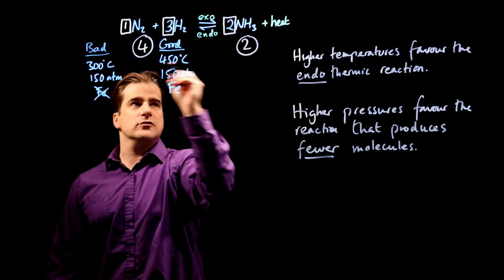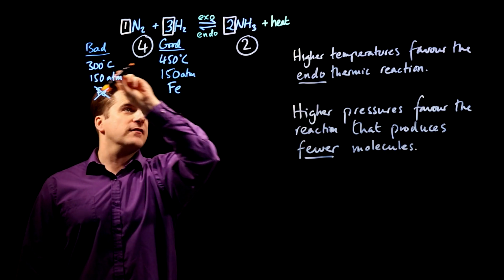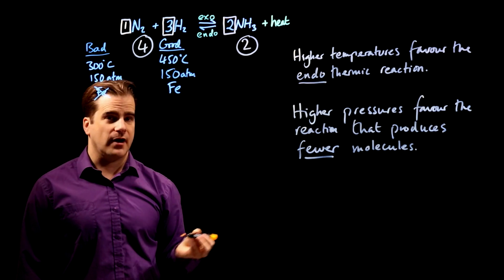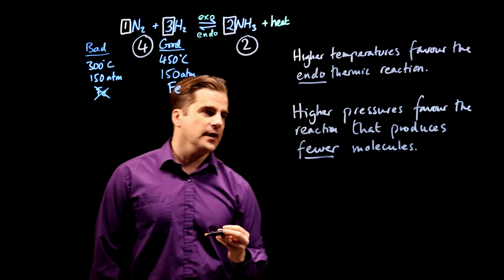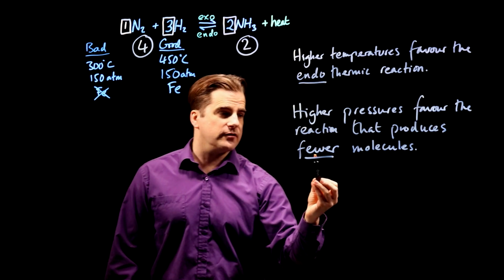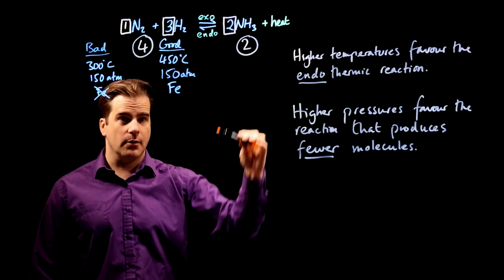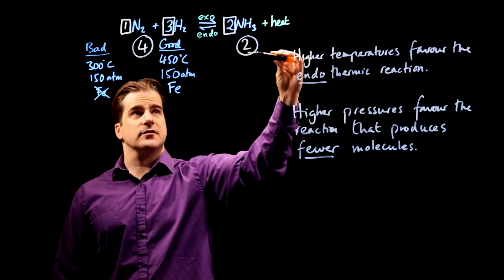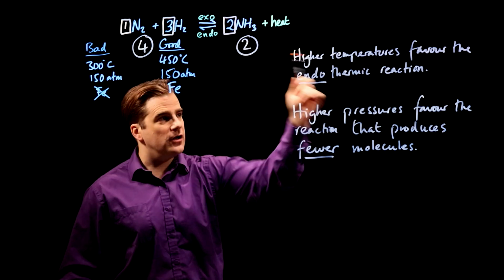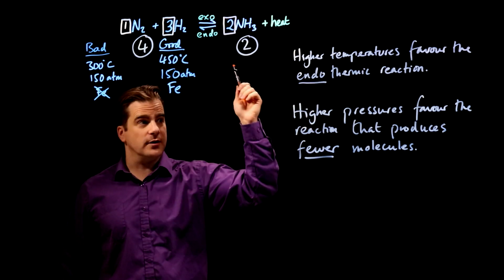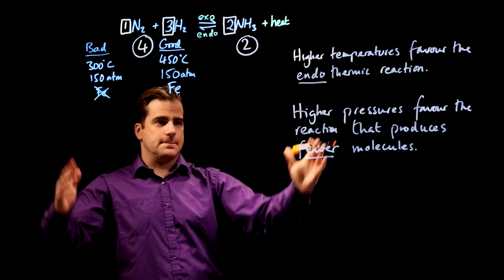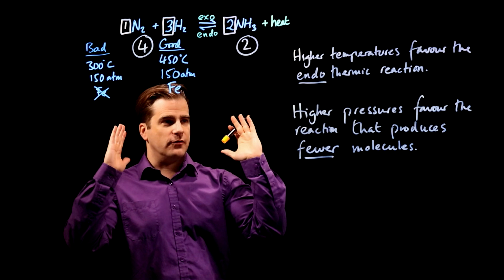Okay? 4-2, so higher pressures favour that reaction. Okay? The forward reaction in this case. And lower pressures favour the reaction that produces more molecules. So if you lowered the pressure, it will push your position of equilibrium in that direction. And that's it. Learn those two right now. You've got to understand this stuff. There you go. And that's it. Position of equilibrium.